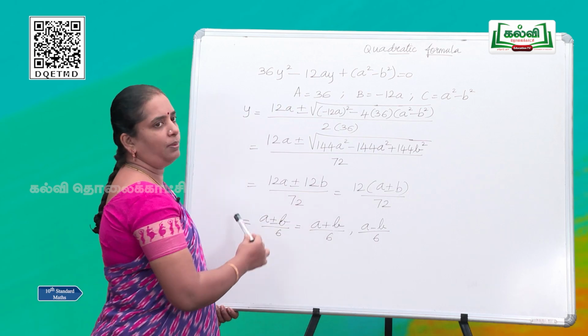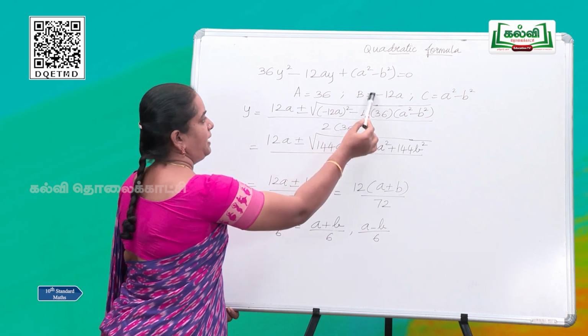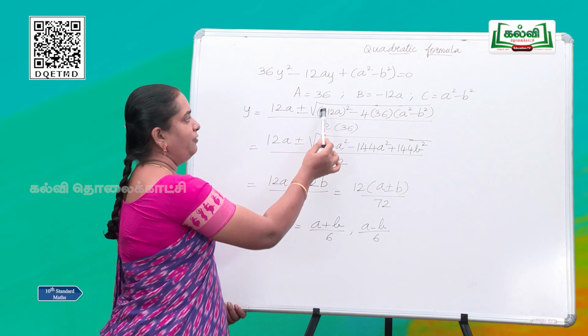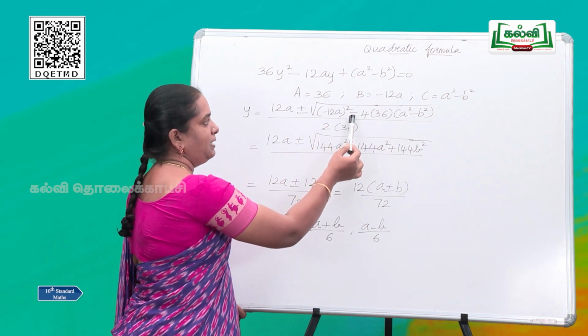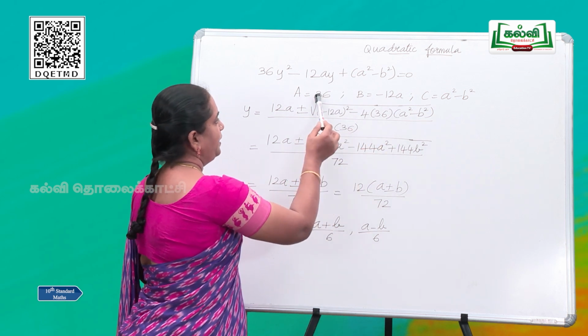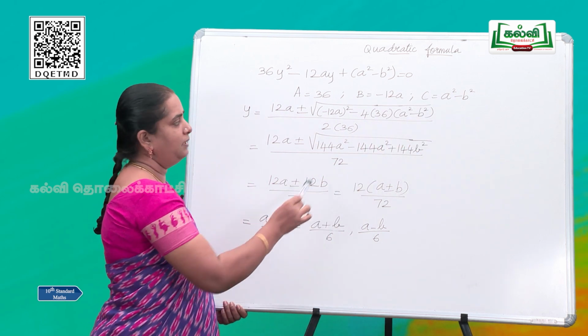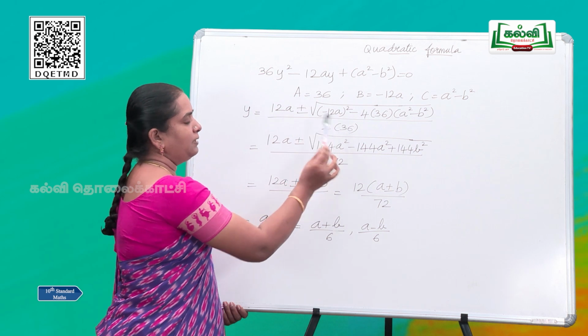So, applying in the formula minus b, so minus of minus 12a plus or minus root of b square minus 4ac. We have substituted everything in the formula, by 2a, 2 into 36.